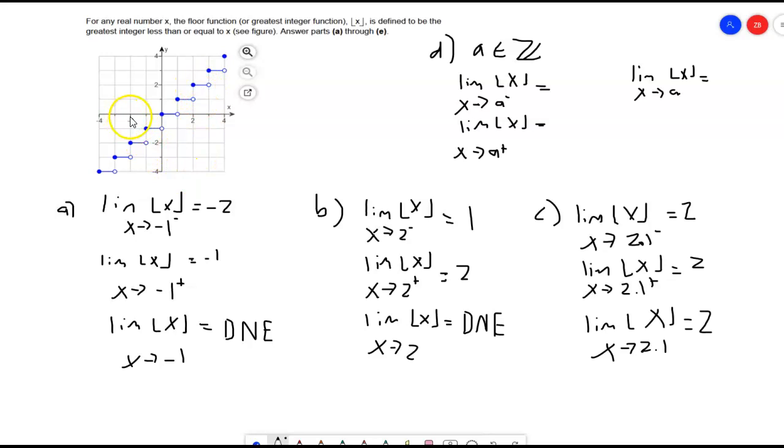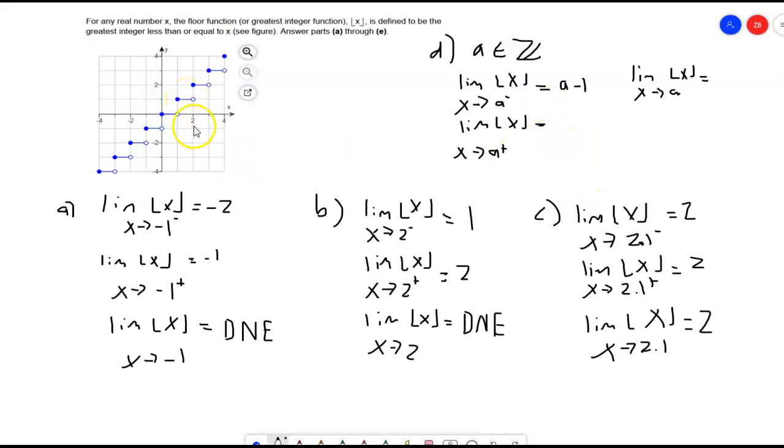If we're looking at the x value of -2, it's approaching the y value of -3. So for whatever integer a we're approaching from the left, it's approaching the y value a minus 1, right? The y value is 1 less than whatever x value we're approaching from the left.